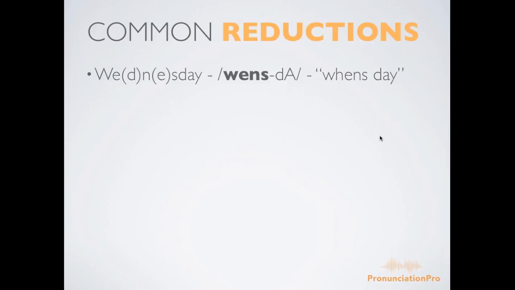So an example of this is the word Wednesday. Wednesday really is how it should be pronounced, with 3 syllables, but native English speakers reduce it to Wednesday. Another example, temperature. We don't say temperature with every syllable; we say temperature.